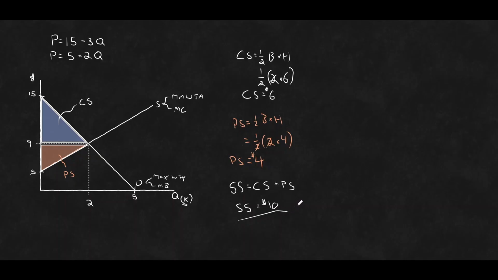One of the neat things, and this is where we get into a term we'd call allocative efficiency, is that surplus is maximized at the equilibrium. And we can see this. We can go through and work out why and how surplus is maximized at the equilibrium.